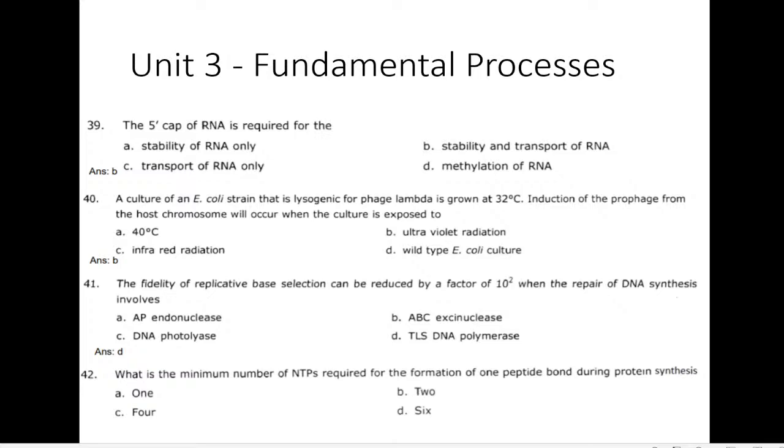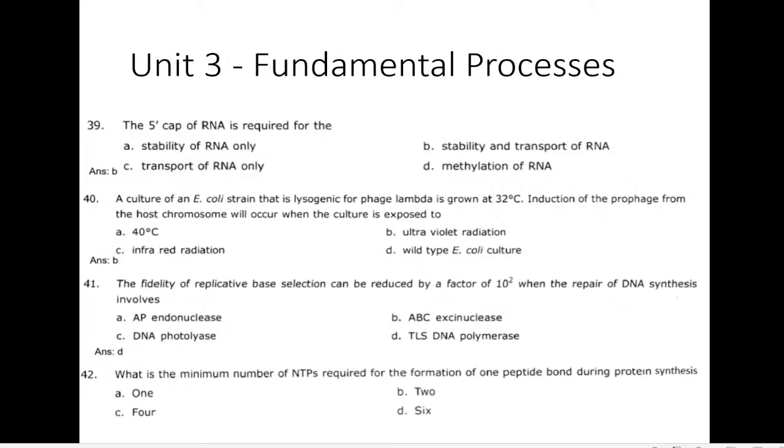So during this repair there is fidelity of replicative base selection. Fidelity means assurance, like yes, sure it happens; it means the confirmation of the replicative base after the repair. After the repairing process, the fidelity of replicative base selection is reduced.